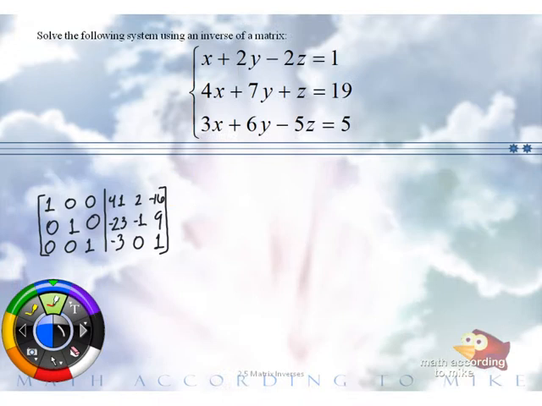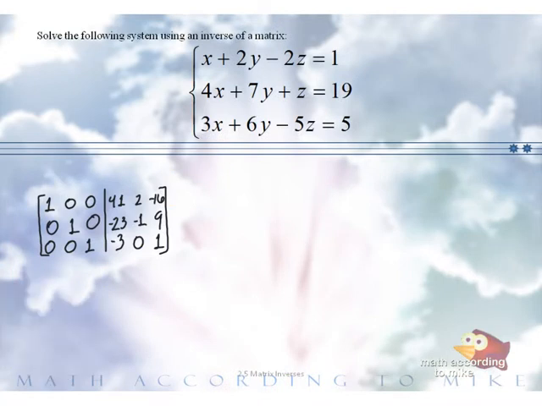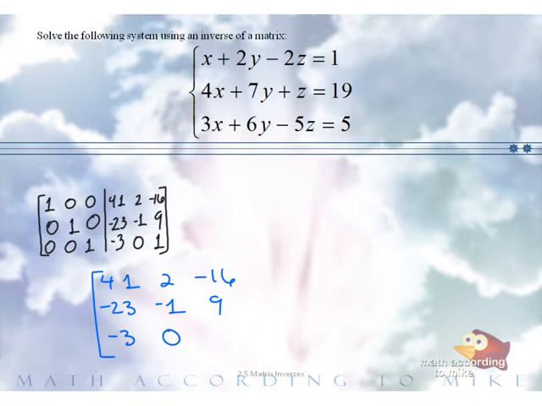So to solve the system using an inverse, you take your inverse and you multiply it by the constants. In this case, 1, 19, 5.